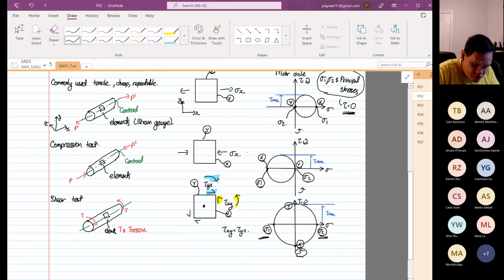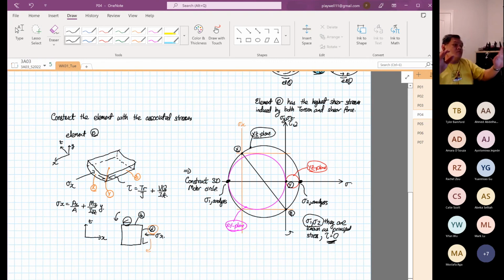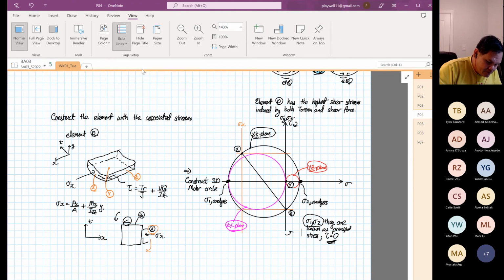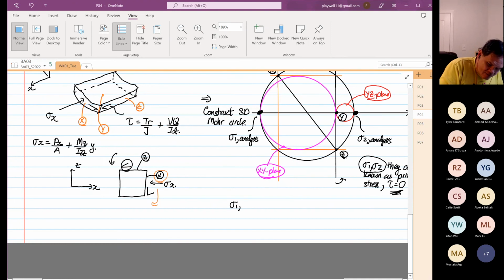Now, we go back to our structure over here. Stress 1 and stress 2, the shearing stress is also equal to 0. So in order to select the material now, we have to ensure that the stress 1 from the analysis is less than the stress 1 of the material. Because these are all your principal stresses.